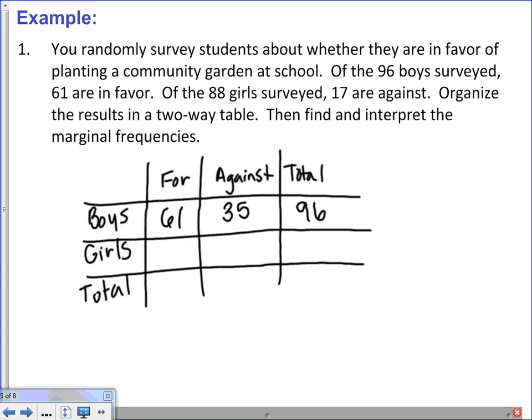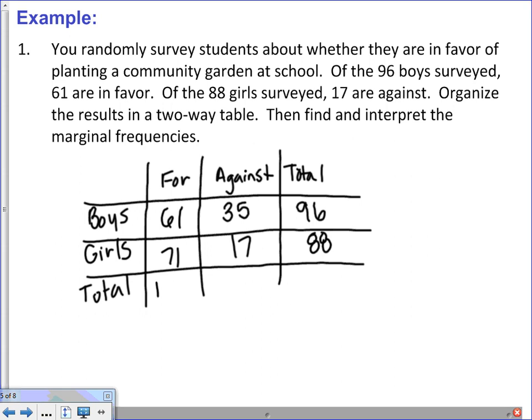You can do the same thing for the third statement. Of the 88 girls, so that's my total, 17 are against, which means how many were for? 71? 71 girls were for. How will you fill in that bottom row? Just add down.